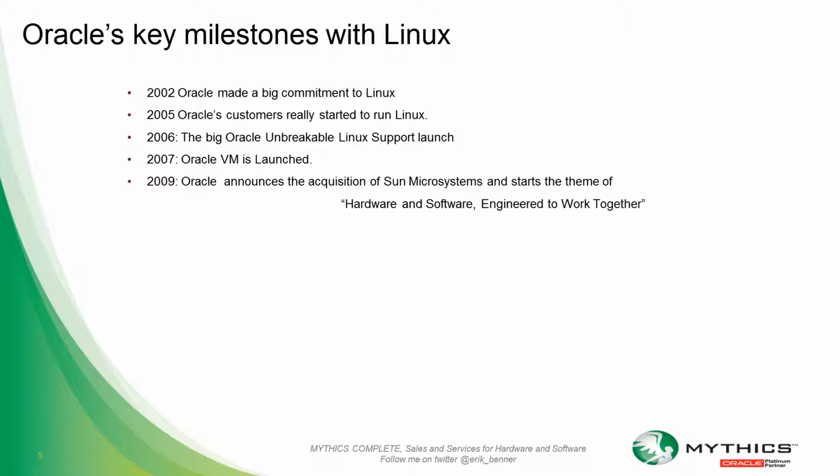We're also seeing this in the hardware, with things like the upcoming M7 chip on the SPARC side, and in the storage arrays, where the database technology is talking to the OS. We're even seeing this in Linux, with technologies like DTrace moving into the kernel.